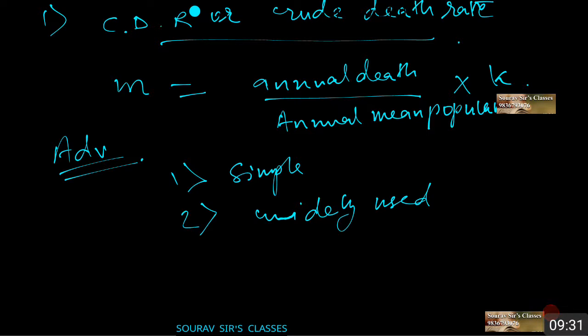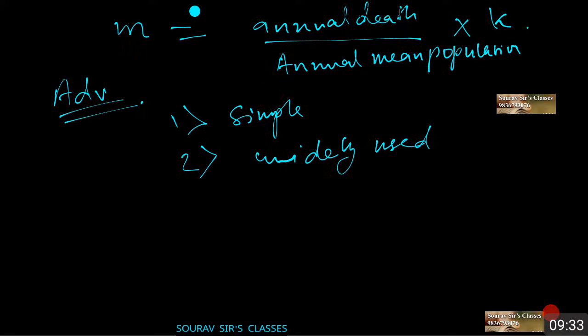Hence, it is reliable also. Number 3, the entire population of the region is exposed to the risk of mortality. CDR is a probability rate giving the probability that a person belonging to a given population will die in a given period.